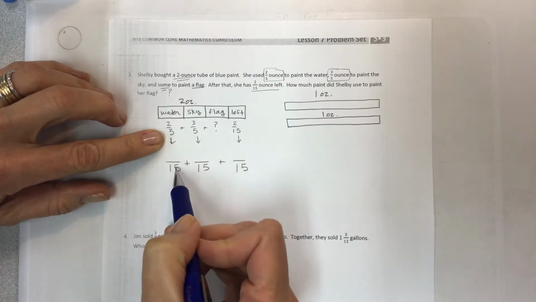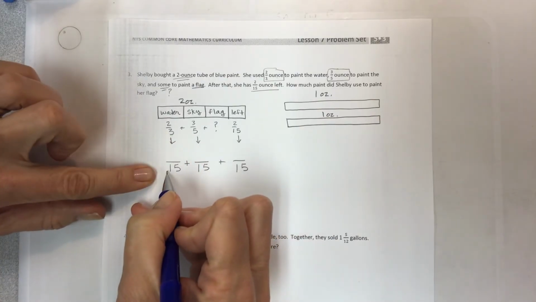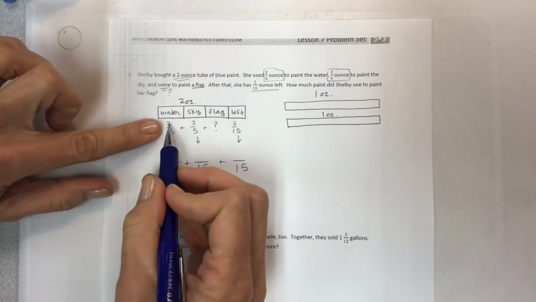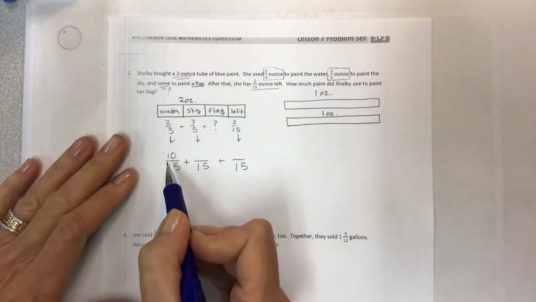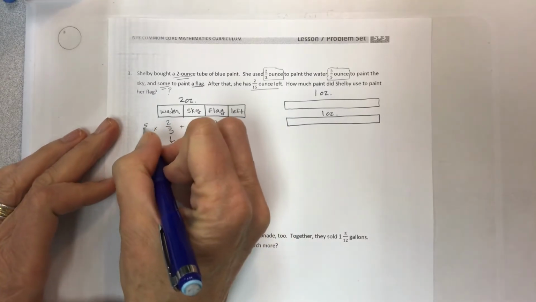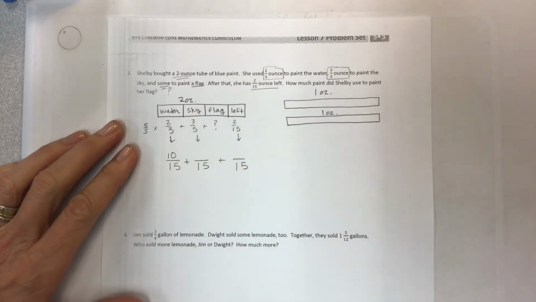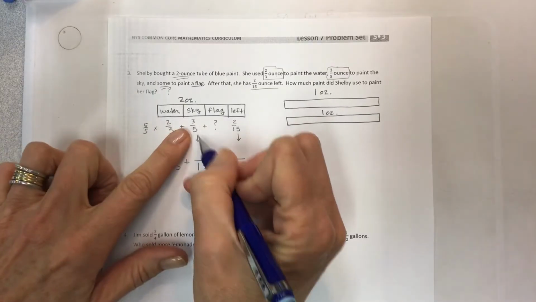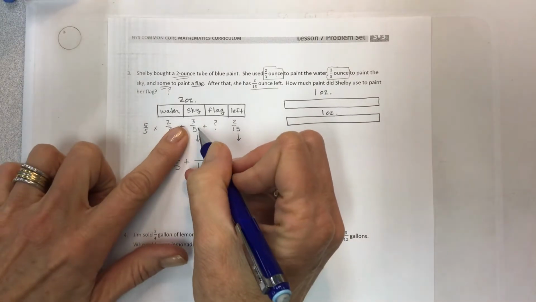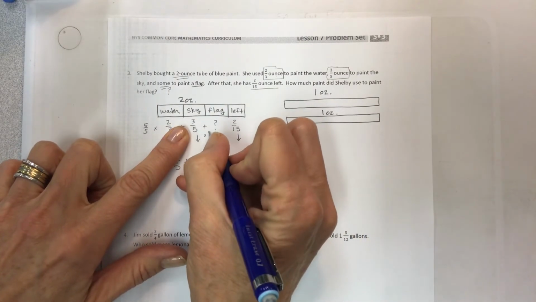Okay, 3 times 5 is 15. If 5 is my factor on the bottom, 5 is my factor on the top, so I will get 10 here. Okay, I'm using 5 as my scale factor. 5/5. If fifths is changing to 15ths, then my scale factor has to be what?